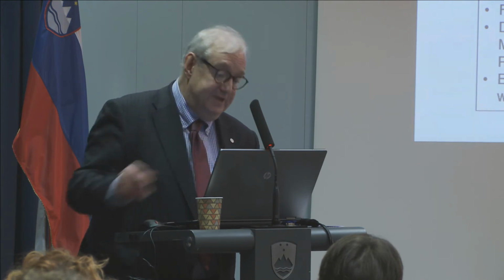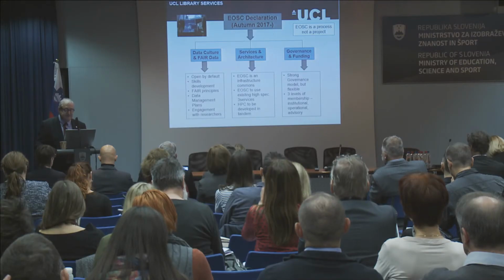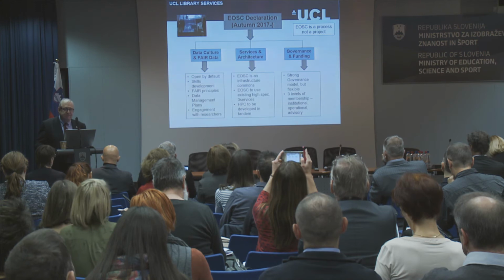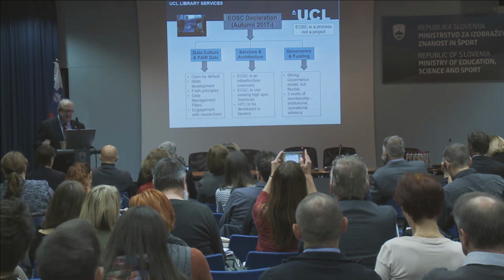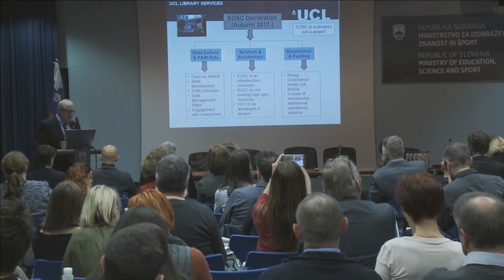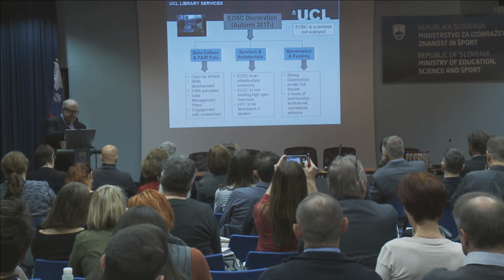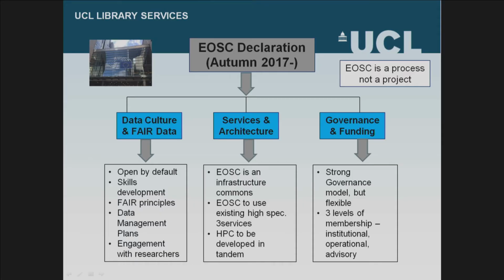The purpose of the declaration is to support all the ambitions of the European Open Science Cloud that I have talked about, and there are three main areas of activity that the declaration covers. FAIR data, which we've talked about.